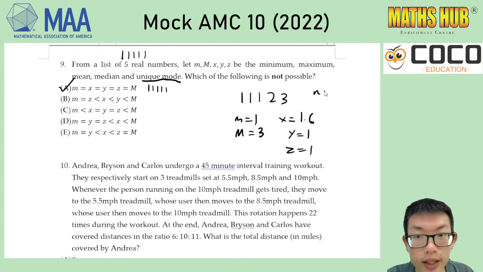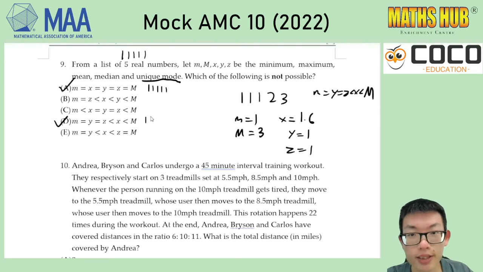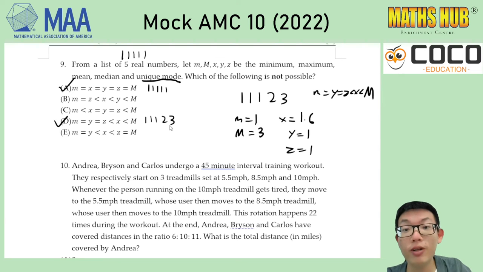So here I get m equals y equals z, less than x, less than big M. And okay, that is actually down here. Why I'm doing this is that I just want to get a sense of what's going on, right? Along the way, I get to eliminate options and also I get some intuition. So now I think I can focus on the options a bit more carefully.